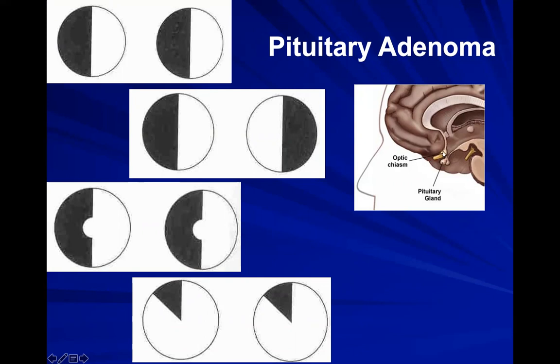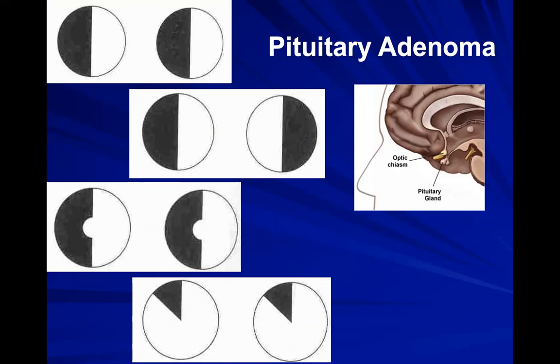As you see nicely here, it's the optic chiasm. So which of these visual pathway defects will this pituitary adenoma, enlargement of the pituitary gland, cause?